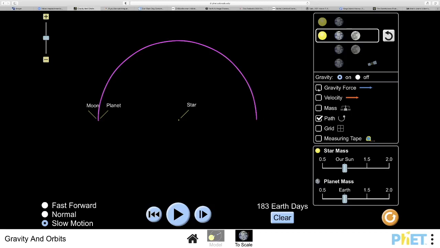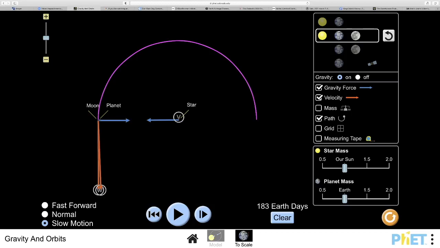What's neat is you can select and show how much gravity force is being put upon the different objects here. As you can see, the Sun is putting gravity on the Earth and the Moon. Earth also has its own gravity force, so as it's going around the Sun, you can see that.